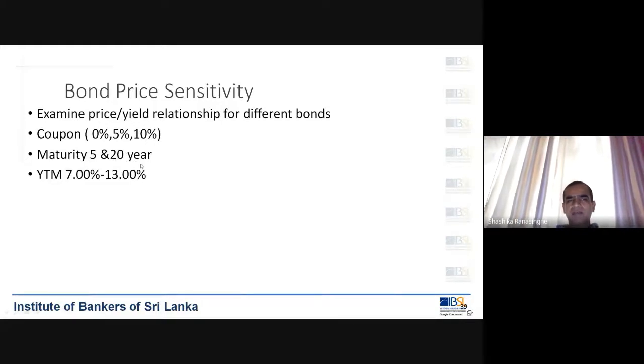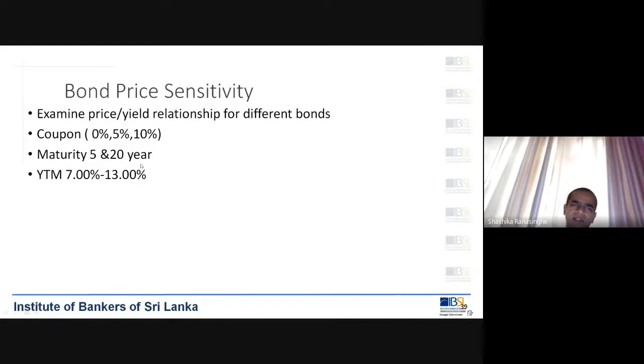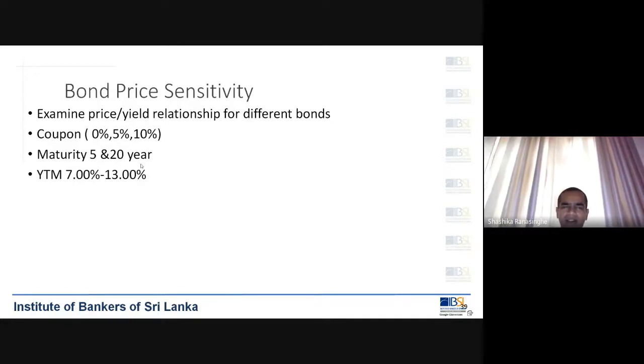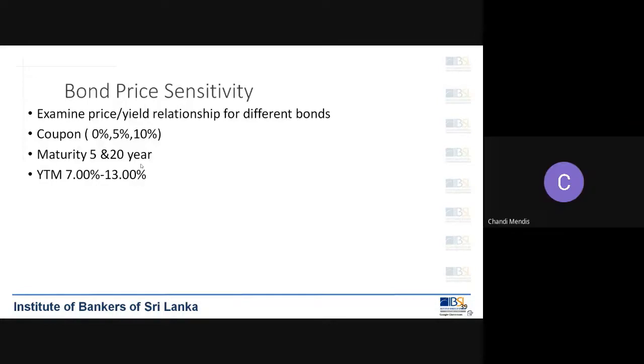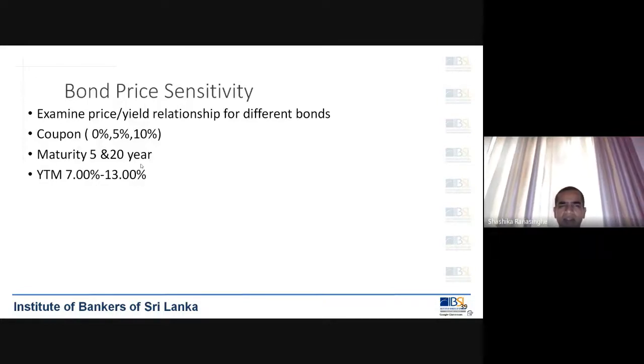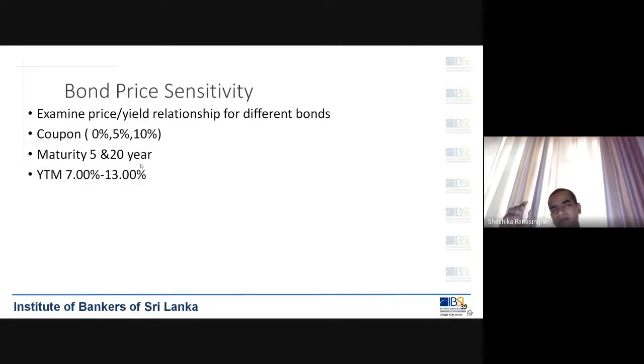If they have the same coupon, let's say 5%, which one will have the longer duration, the 5-year or 20-year maturity? The 20-year maturity will have longer duration. That means the 20-year maturity bond is more sensitive to interest rate changes, right?